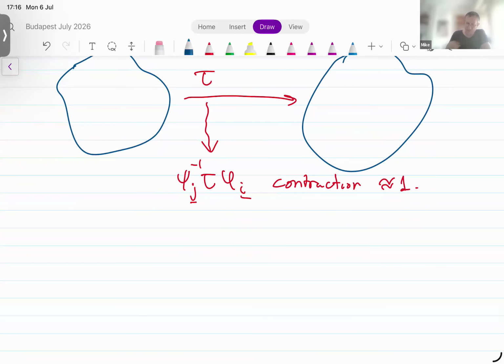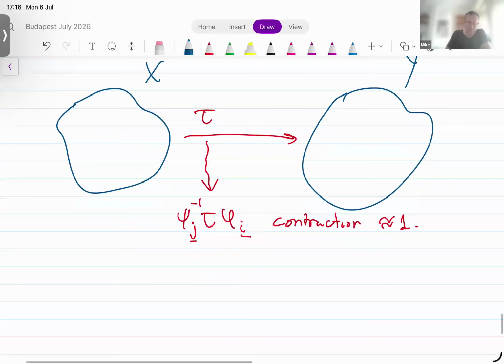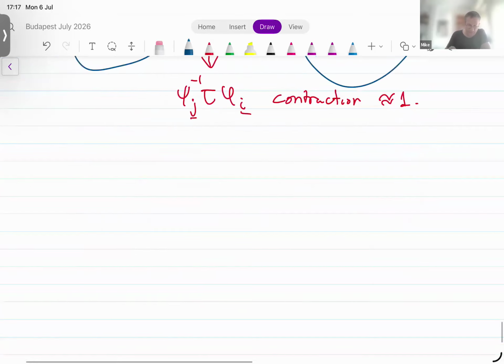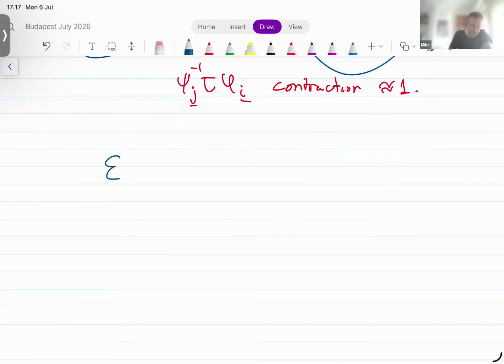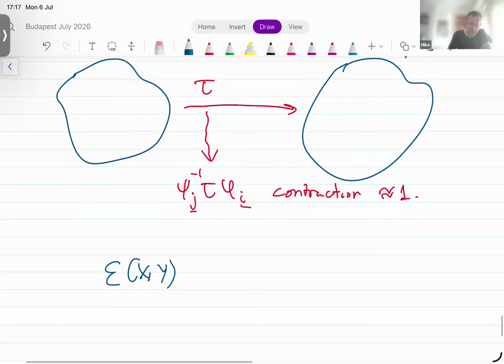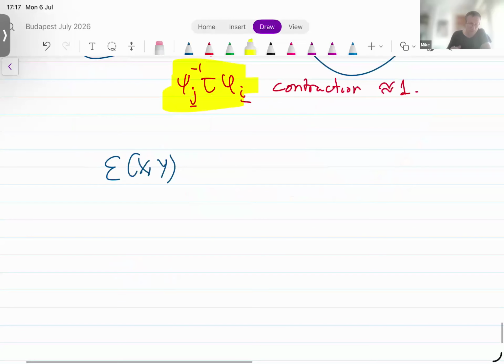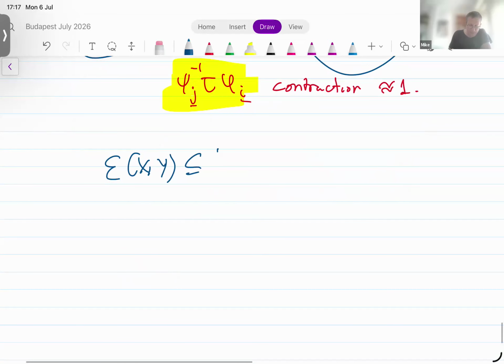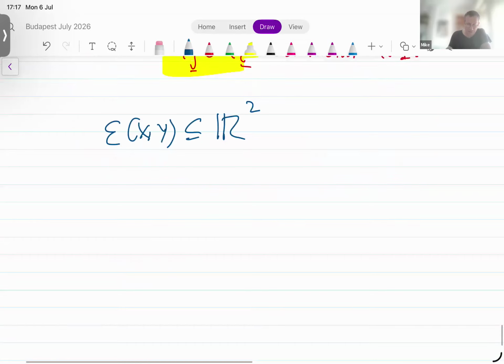Now I don't want to think about individual embeddings. And this is the new idea, which is to think of the space E(X,Y) as the space that we're working in, and to think of this operation that takes tau to a new version of tau as a renormalization operation on the space of embeddings. Like I told you before, the space of embeddings I'm going to think of as a subset of R2.